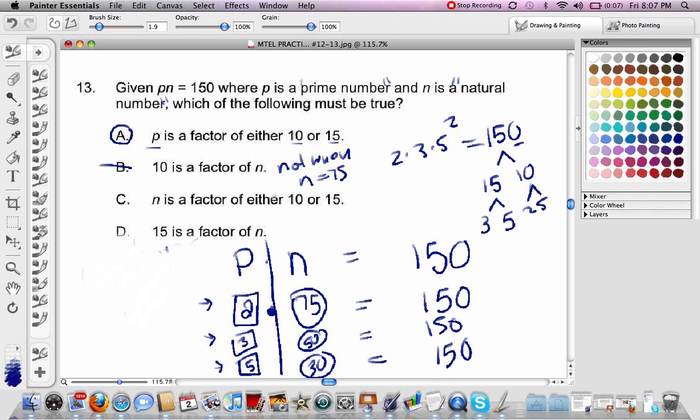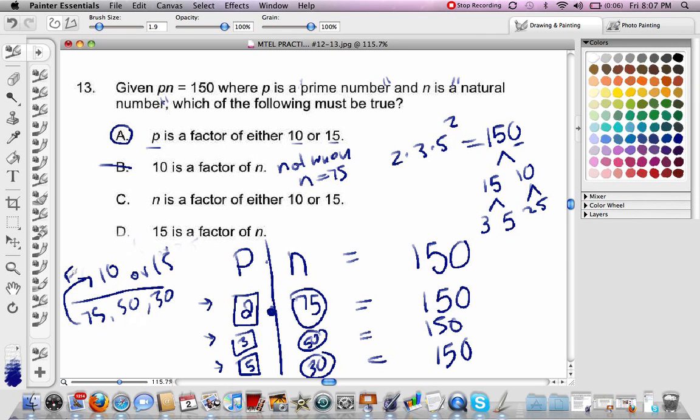C: N is a factor of either 10 or 15. Well, that really doesn't make sense. That's saying that N, which is 75, 50, or 30, is a factor of 10 or 15. Remember, the smaller number goes on the bottom and the larger number goes on the top.